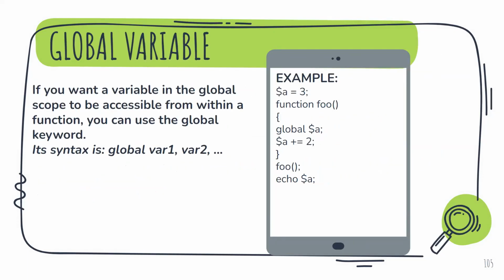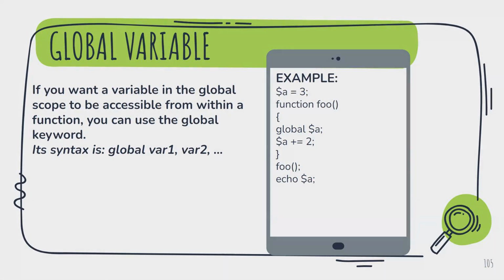The syntax of the global variable is global $var1, $var2. Inside you can see the example related to the global variable. In order to declare $a as the global variable to be accessible by any other function, we are using the keyword global in front of the variable.